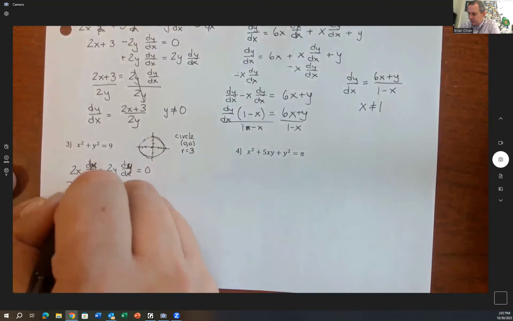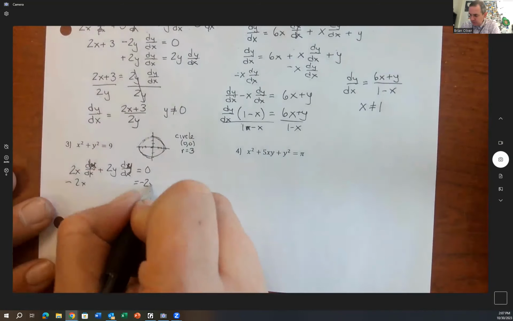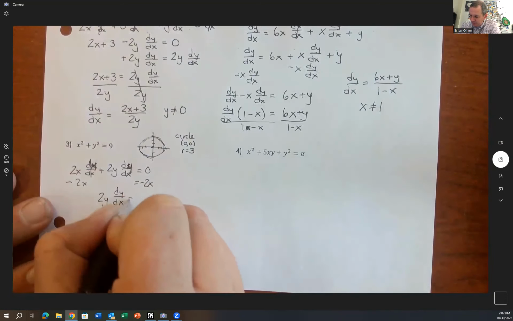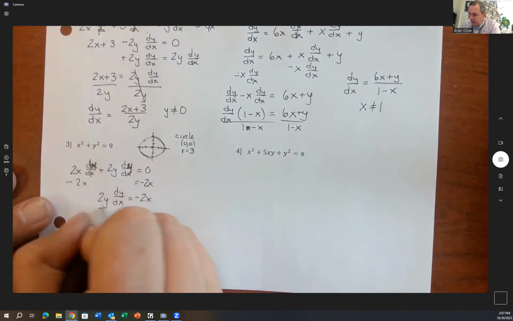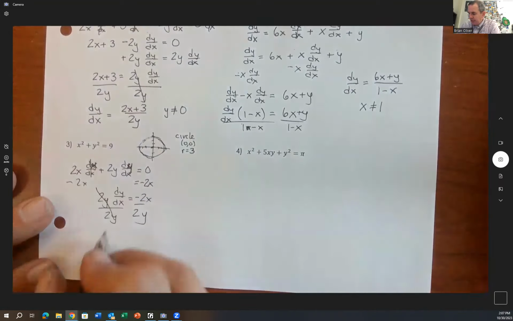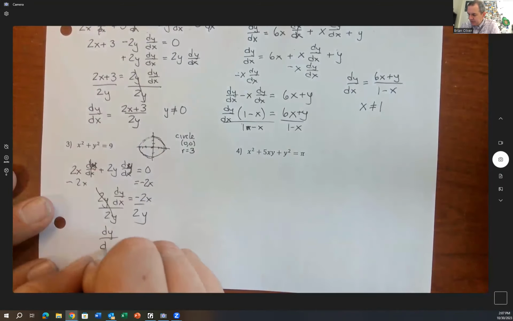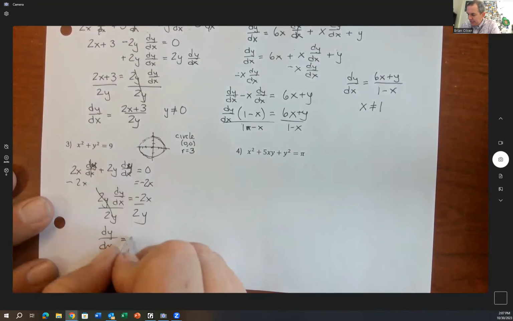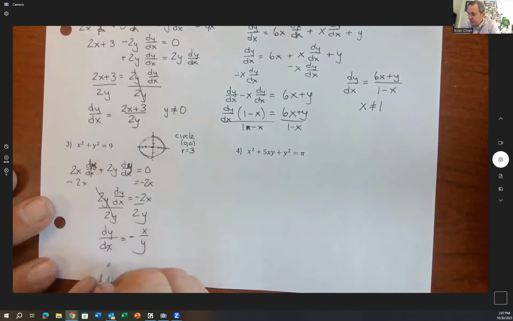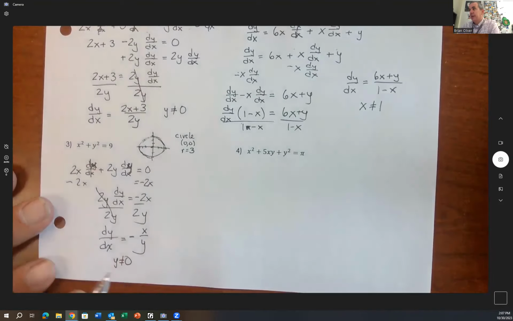We're going to subtract 2x from both sides. We get 2y dy/dx equals negative 2x. We're going to divide both sides by 2y. That's going to give me dy/dx equals negative x over y is really what it simplifies to. And y can't be 0 there.